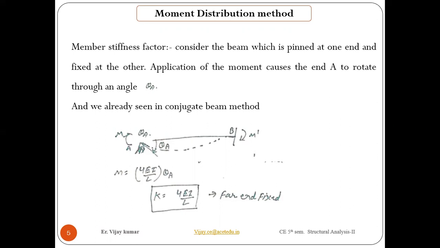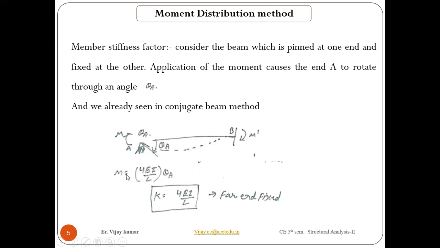That is ML by 3EI, and at the other support, where no moment is acting, that value is ML by 6EI. So in this case, if there is a moment acting on the propped cantilever, this value comes out to be ML by 4EI, equal to theta A.